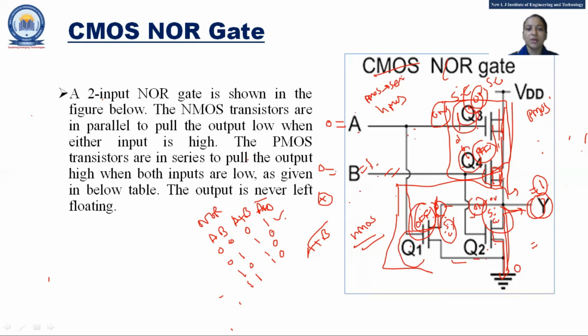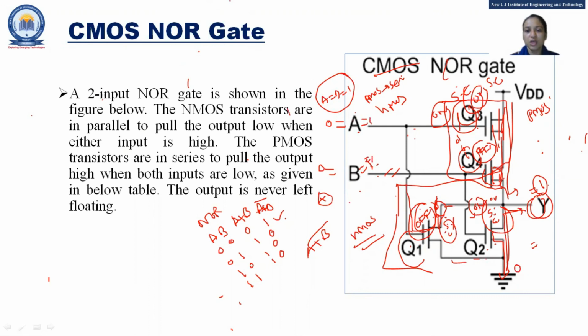Now let us discuss A is equal to 1 and B is equal to 1. What will happen if A is equal to 1 and B is equal to 1?